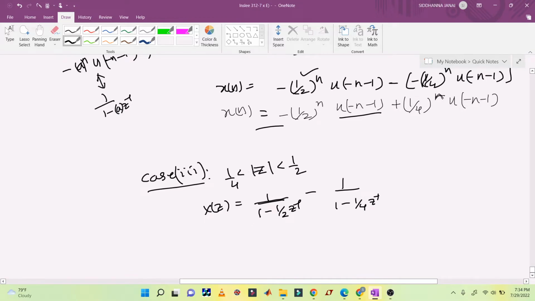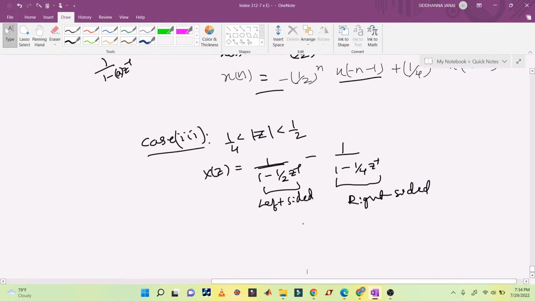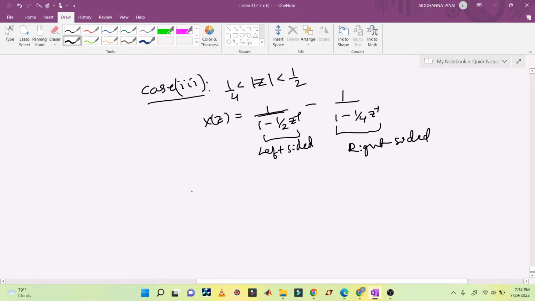Now here z greater than 1 by 4 means this term is right sided, and less than 1 by 2 means this is left sided. So what is the standard equation we have? Again I will write the equation so that you become used to it.